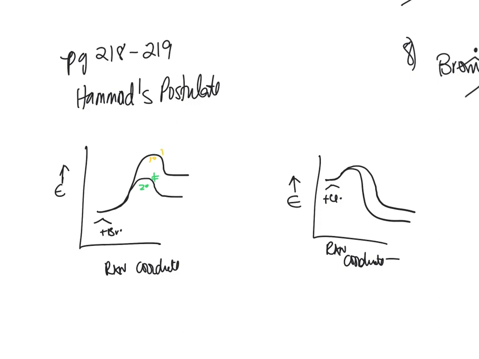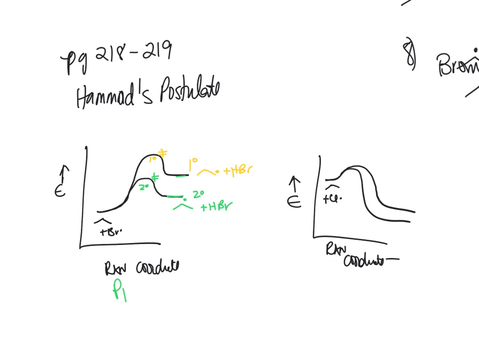This is a primary transition state. This is your valley. So this is just your P1. We're just looking at P1. And this is the secondary plus HBr. And this here is your primary plus HBr.